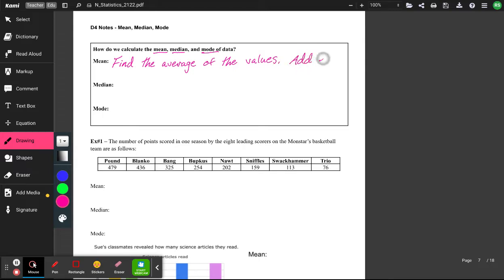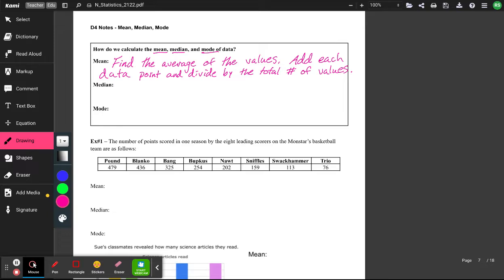Add each data point and divide by the total number of values. We'll work through some of these examples together, but mean is just another word for finding the average of the values: add each data point, and then divide by the total number of values.